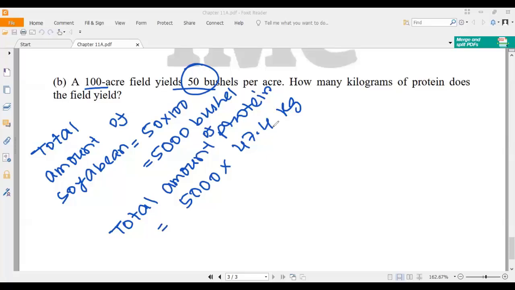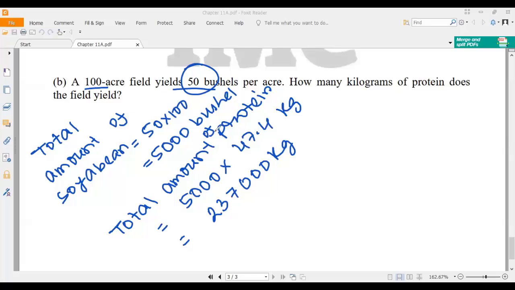Why? From 1 bushel, we can find 47.4 kg of protein. From 5,000 bushels, we can find 5,000 multiplied by 47.4 kg of protein. After multiplying, we will get 2,37,000 kg of protein. So this is the first method.